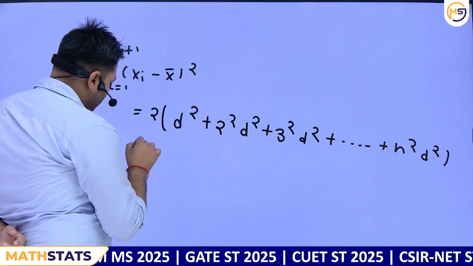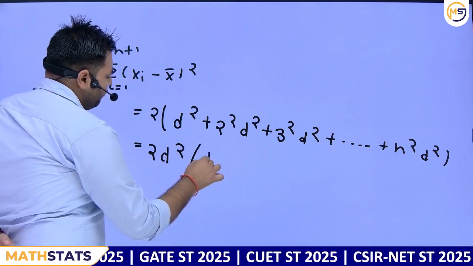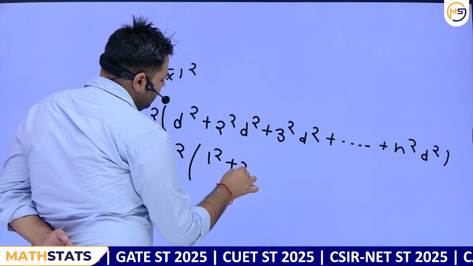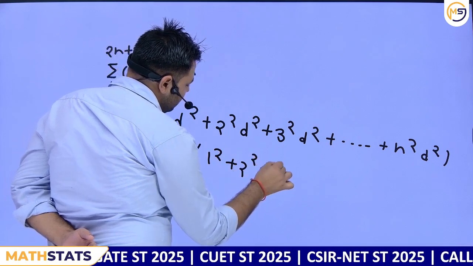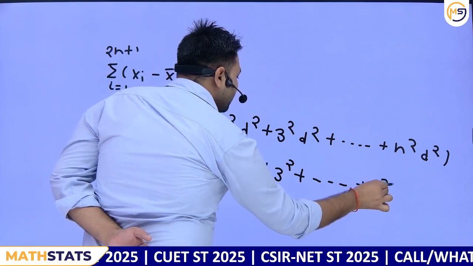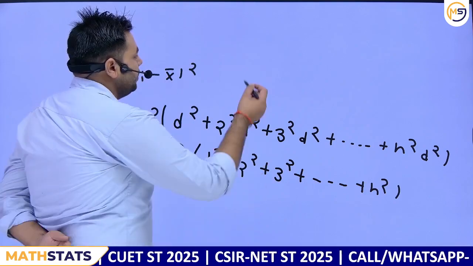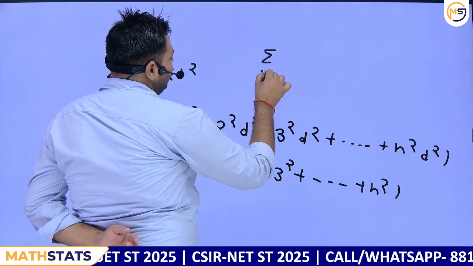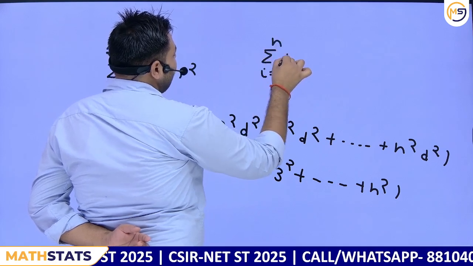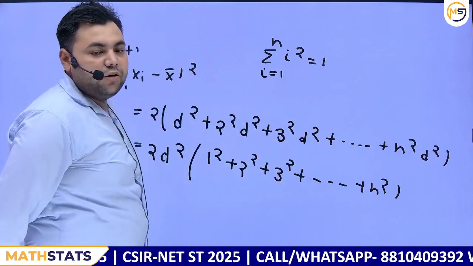So now you can take common d square, you will get 1 square plus 2 square plus 3 square plus so on plus n square. Now what is the sum of squares of the first n natural numbers? So summation of i equal to 1 to n of i square is equal to n. Anyone? What is the value of this summation?